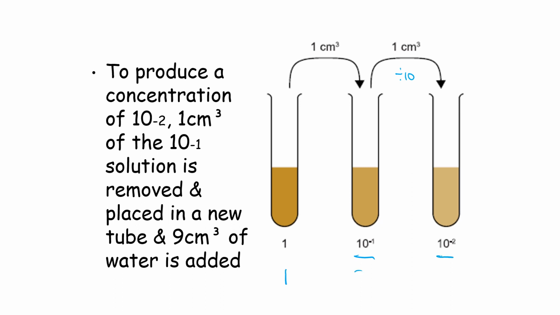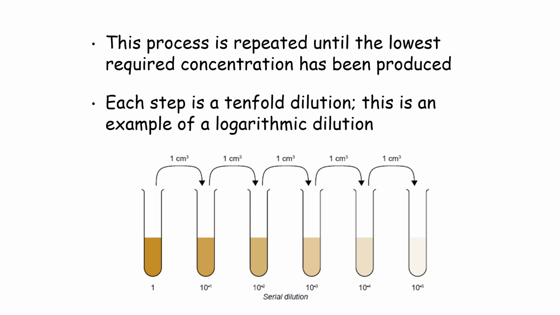So 1, 0.1, 0.01, and so on. Each time we do it, we are usually dividing by 10. However, we have to carefully always check the volume going in and the total volume in the tube, because sometimes we're not doing a 10-fold dilution, sometimes we're doing a 100 or 1,000 dilution.